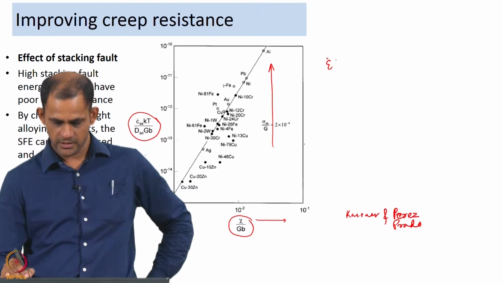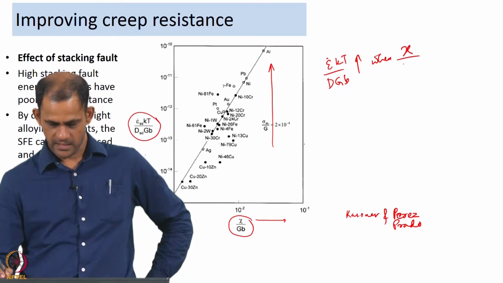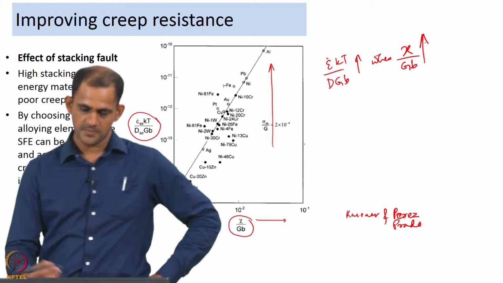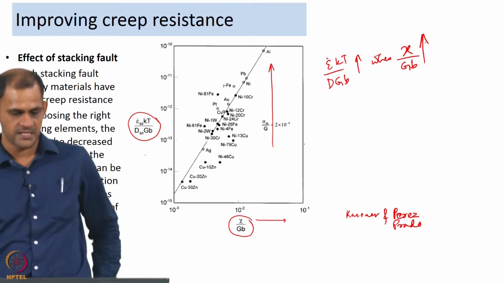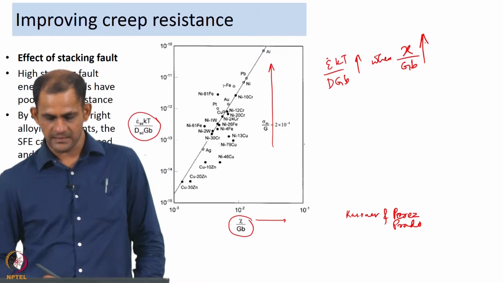So, epsilon dot kT by D_Gb increases when the normalized stacking fault energy is increasing. What this basically means is, if your stacking fault energy is high, then your creep resistance is going to be low.